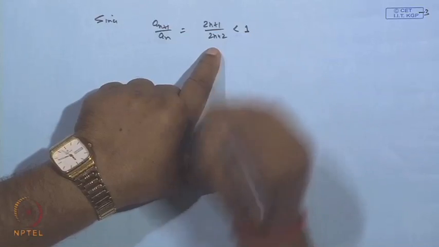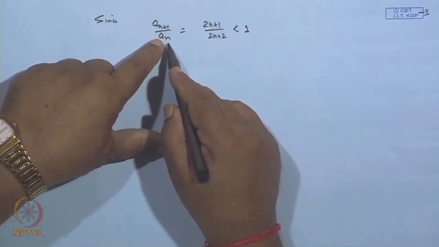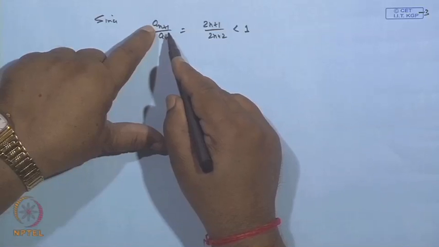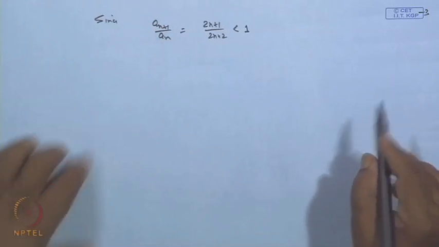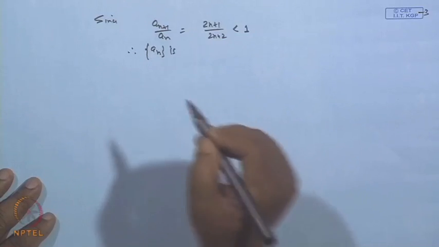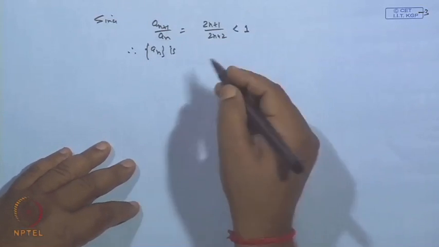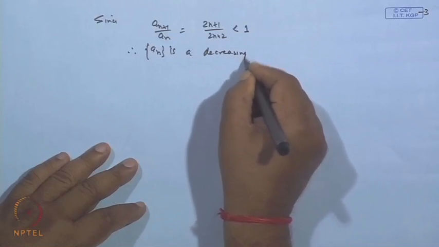So, the ratio is strictly less than 1, which means the nth term is larger than the n plus 1th term. So, for n equal to 1, 2, 3 and so on, it keeps on decreasing. Therefore, the sequence a n is a monotone decreasing sequence.